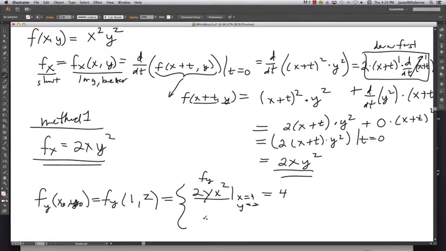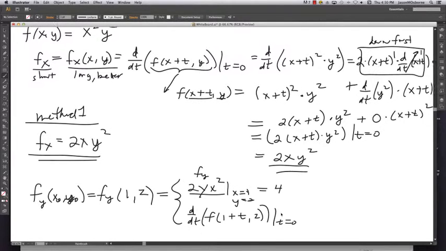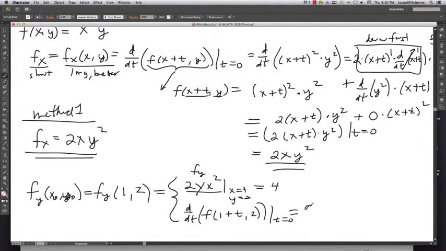Okay? Or you could compute the derivative with respect to t of the function evaluated at 1 plus t, comma 2, and then evaluated at t is equal to 0. Just like we did up here where we're now substituting in our values of x and y. So if you had to go that route, you would do the derivative with respect to t of the function evaluated at, this is partial derivative of f with respect to y.